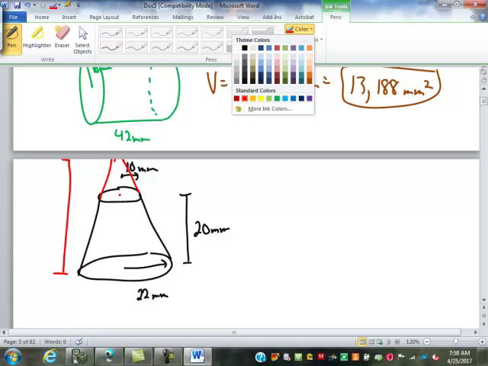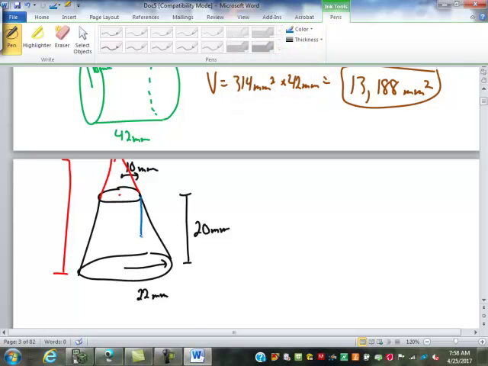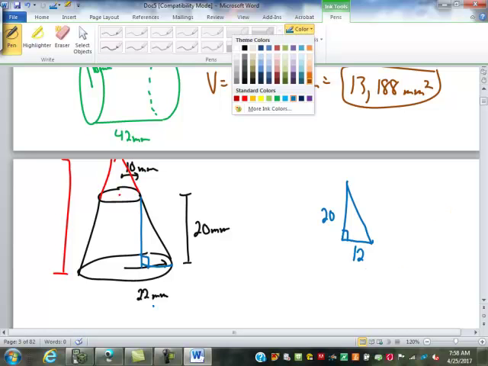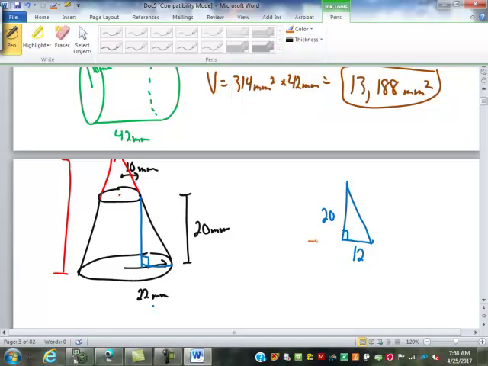And to do that, we're actually looking at a triangle like this. This triangle has a height of 20, and this is 12 here, right? We want to figure out how big that triangle would have to be, how tall it would have to be here for that base to be 22.